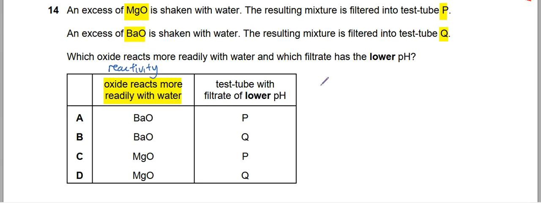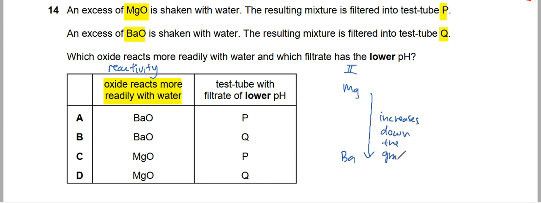If we compare magnesium and barium, both of them are in group 2, and we know that for group 2, the reactivity increases down the group, because the atomic radius increases, so the valence electrons could be lost easily.